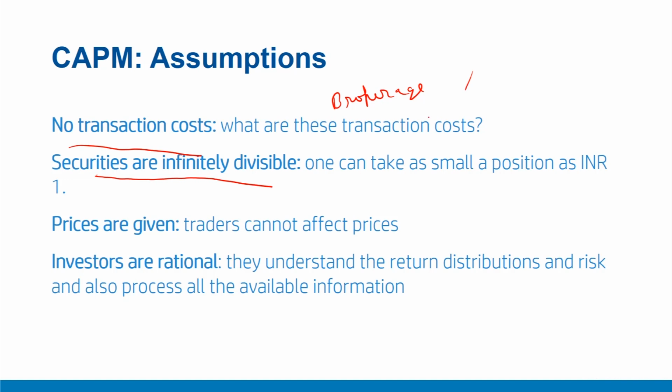The next important assumption is that prices are given, or alternatively, investors or traders cannot affect prices. While this is also a sort of realistic assumption, certain investors, like large institutional investors, can affect prices with their own trades, and therefore for them prices are not exactly given, and they can also estimate with some certainty how much prices will move based on their own trades.